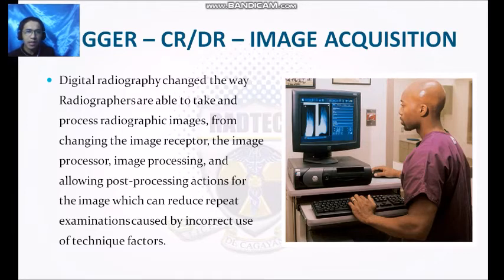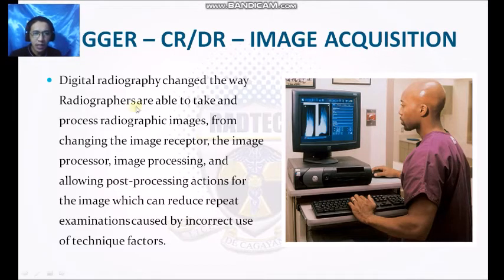They started with the acetate, the somewhat flammable acetate, and then later on changed into polyester bases. And then later on, through the development of technology, we have incorporated our images and imaging technique into a computer system.